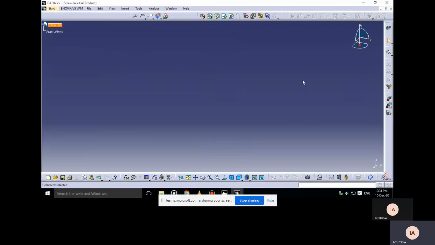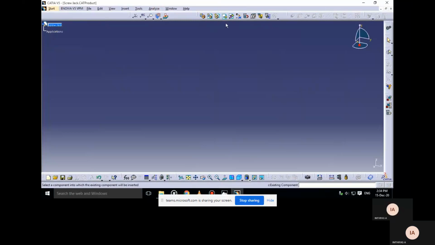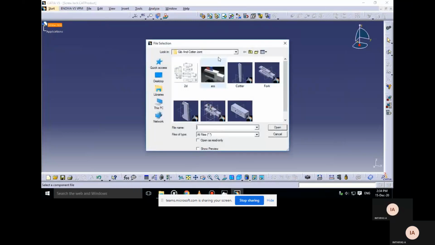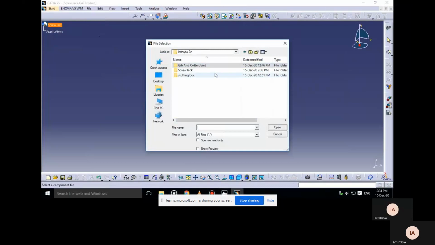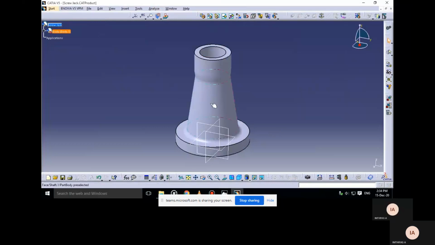The name is given as screw jack, the completed part, and we will import the parts one by one. First, we'll open the body.